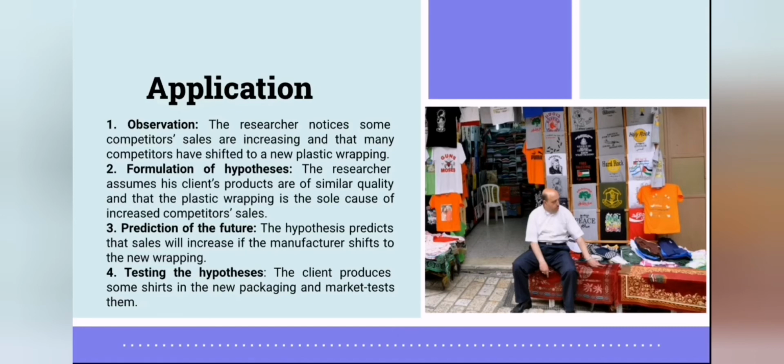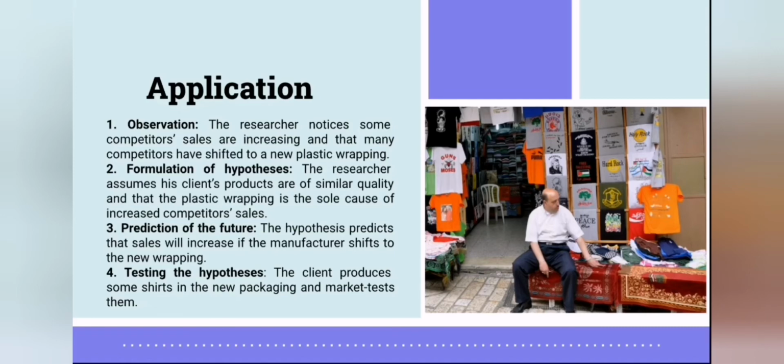Okay, because again, if we would go back to number two, the hypothesis was just formed merely from observation, and then the true acid test for this is whether the customers will be buying the same t-shirt if it is just packaged differently. Okay, so that's how important the formulation of the problem is, and what method of inquiry we will be following.